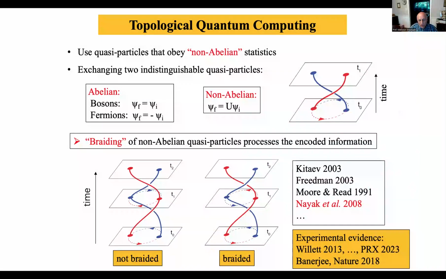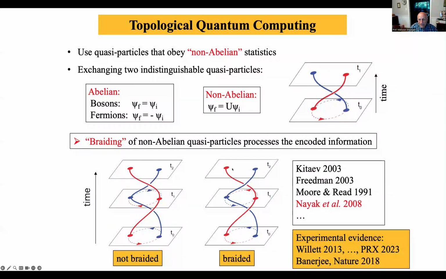So the point is, for example, this braided versus not braided, it doesn't depend on the details of how you do this interchange. As long as these paths are the way I'm trying to draw them here to show that this one is braided, this will have different information, or it will keep the information, compared to the one on the left.